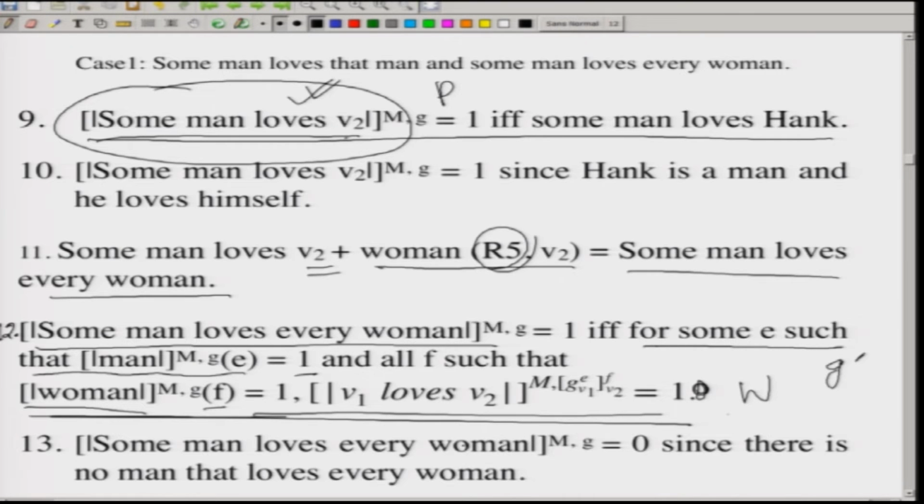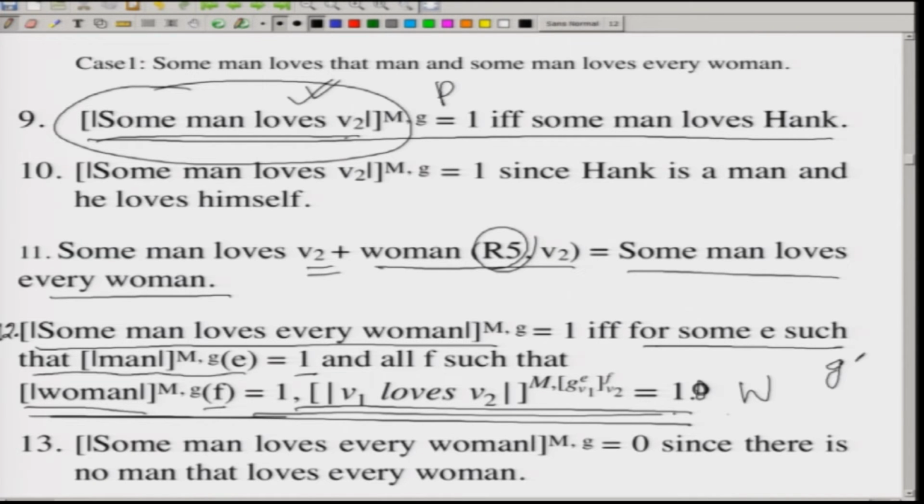That is, it is looking for some e which is a man such that for all f, when f is a woman, every f when f is a woman, V1 would love V2. So once again I am not explaining it because I already did that. I am simply showing it.